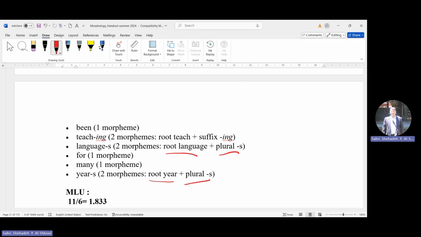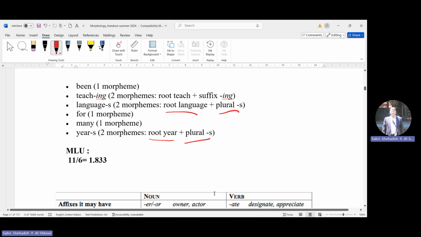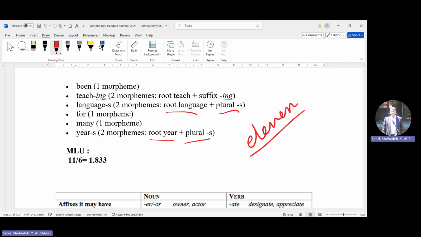So if we look into this, we find that the total number of morphemes is 11. So we have 11 morphemes divided by the number of word forms, which is 6. So the MLU is 1.8.